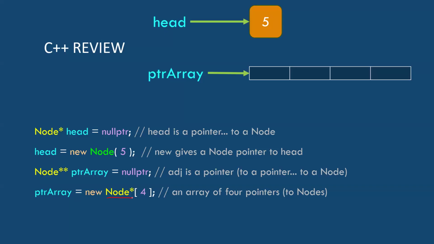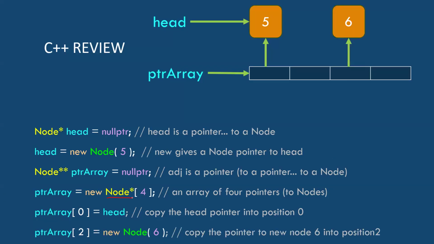So what am I going to do with that? Well, one thing I could do is say, okay, position 0 of my pointer array is going to be hooked up to that node right there. So PTR array is a pointer to a pointer, right? And I could say PTR array 2 gets the address of some new node 6.